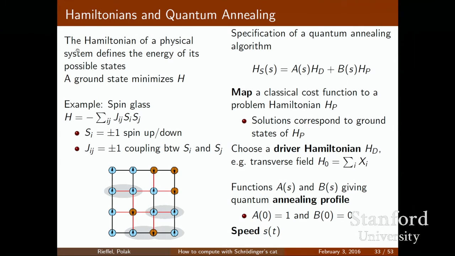Now that gets translated to the Hamiltonian, which Wolf mentioned before, which basically gives the energies of the possible states of the system and governs the quantum dynamics for that system. And when we find the Hamiltonian that corresponds to the cost function, it's going to be the ground states, the lowest energy states, that correspond to the solutions we want to find.